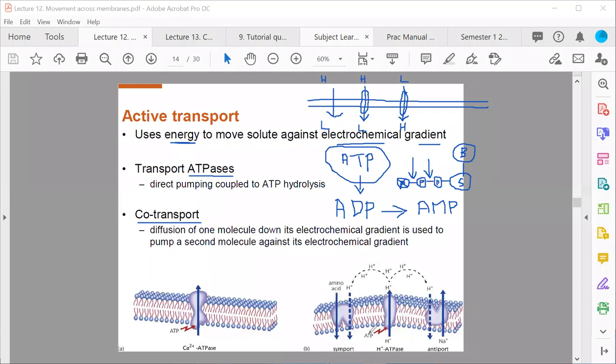So once again, it uses energy from the hydrolysis of ATP to ADP. And that energy enables the proton ATPase to move protons against the concentration, the electrical and chemical gradient, so that the protons build up on one side of the membrane.